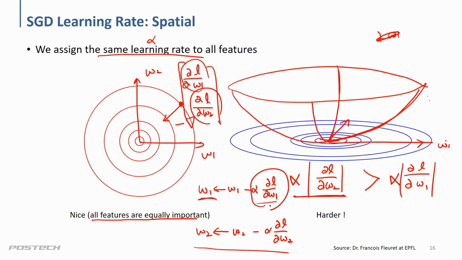This one acts like a larger value of alpha, and this one like a small value of alpha. It's acting like that, although we have the same value of alpha, because the gradients are different. You see what I'm doing?